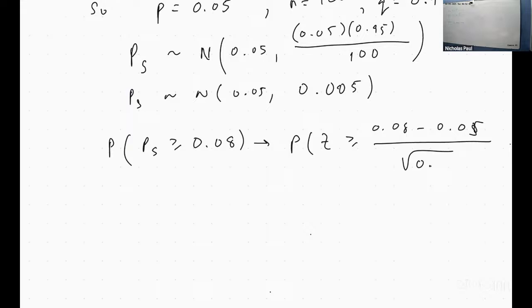Is it 0.005 or just 0.05? No, change n to 100. n was too small.